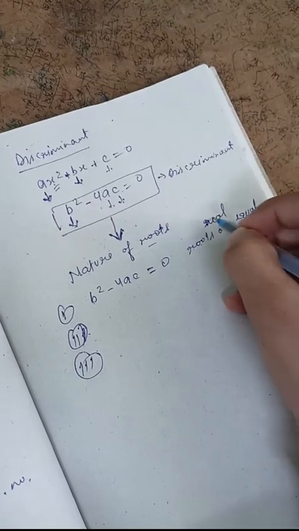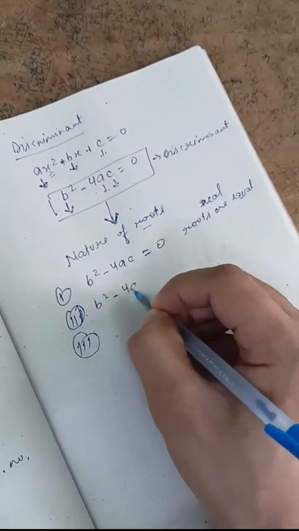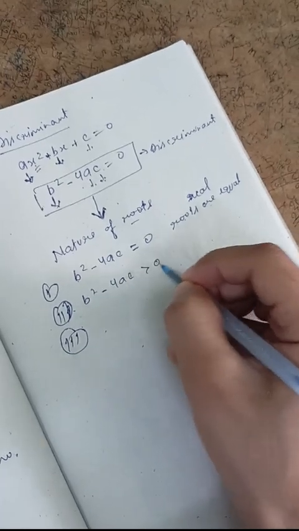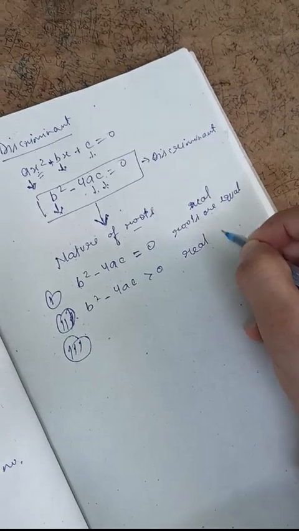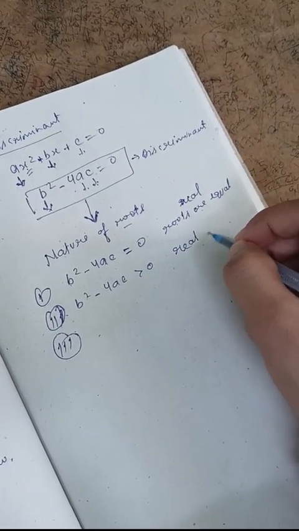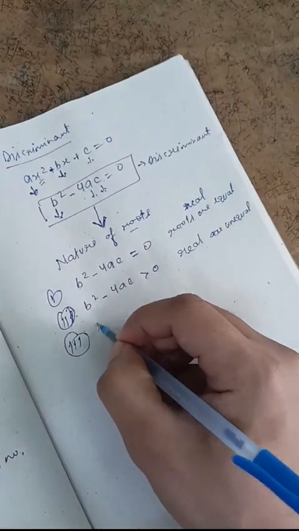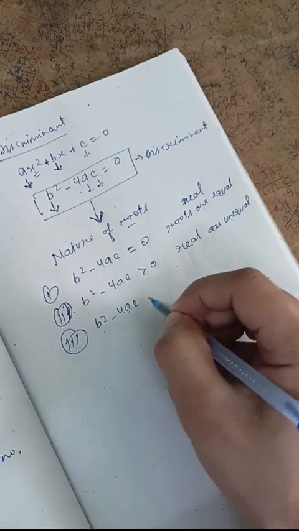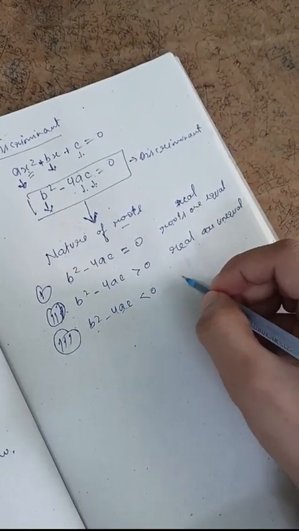And the second one is b square minus 4ac greater than 0, then the roots are real, but not equal. We call it roots are real and unequal. And when b square minus 4ac is less than 0, the roots are not real and are imaginary.